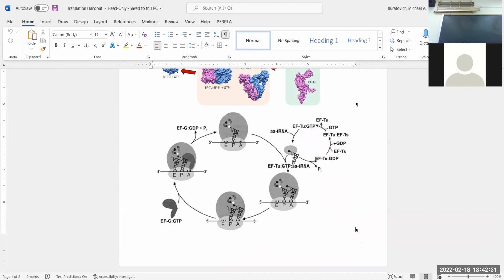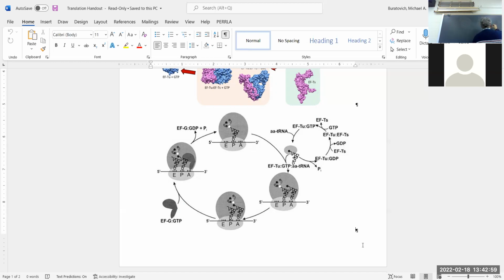That activates the peptidyl transferase activity of the large ribosomal subunit. And as we said before, the peptidyl transferase activity maps to the large ribosomal RNA in the large ribosomal subunit.